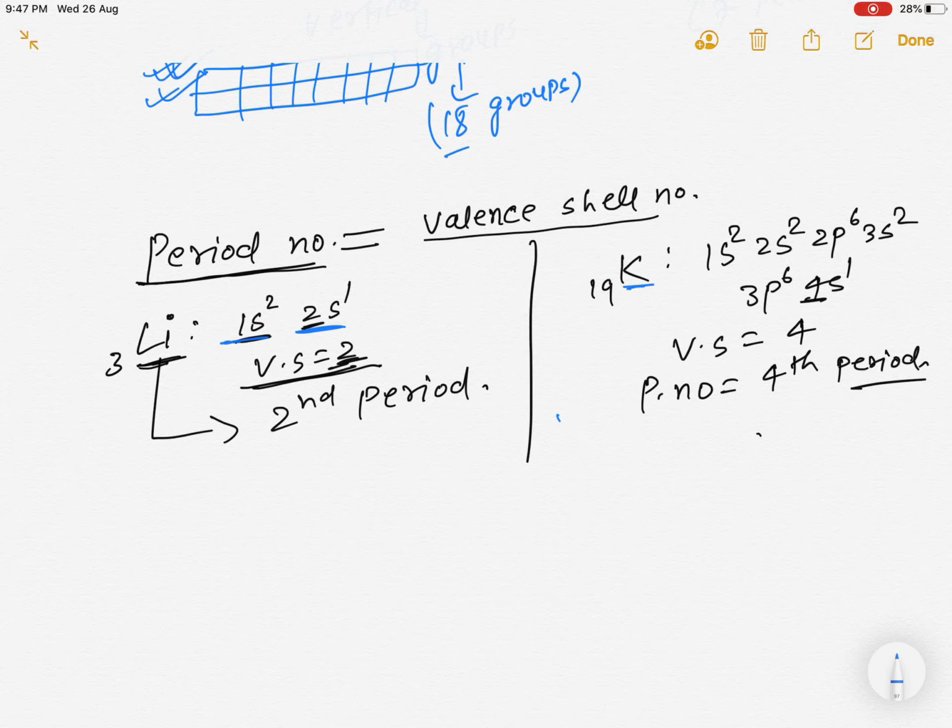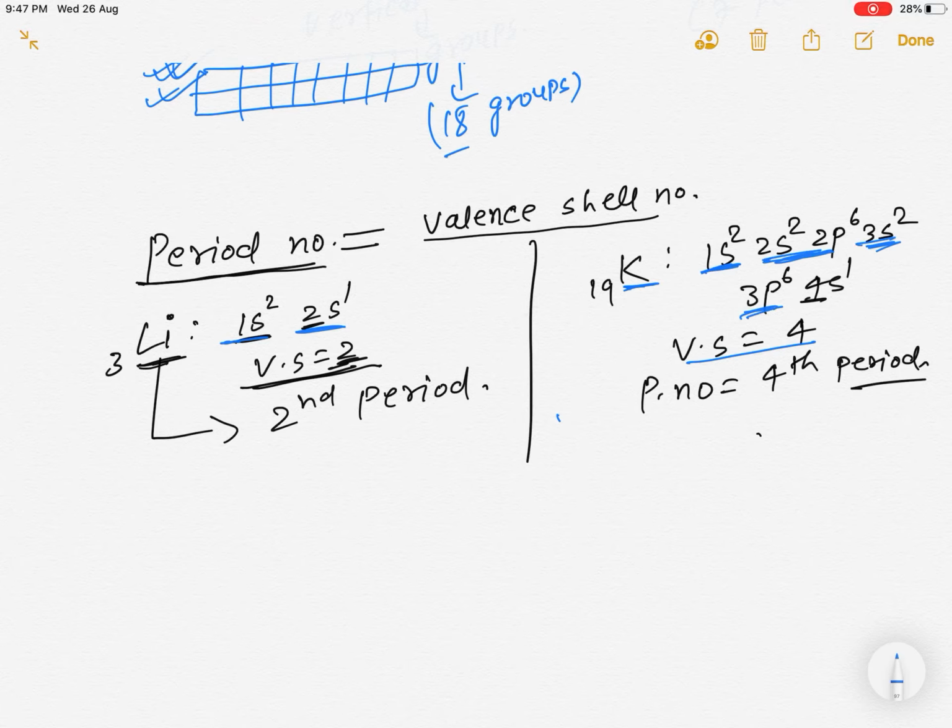Let's look at potassium. For potassium, you see the valence shell number is the fourth shell. That means the outermost shell is the fourth shell, so there have to be three other inner shells: the first shell, the second shell and the third shell. So in total, how many shells are there? Four shells in total.